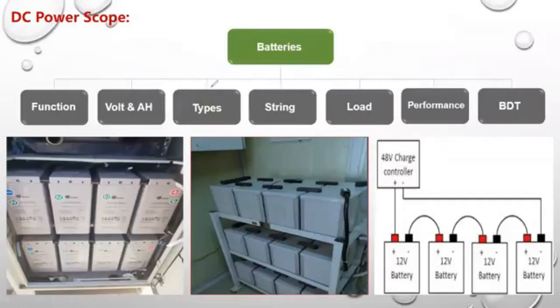Now, let's talk about the types. There are a lot of battery types. These in the pictures are just two types. What makes one type different from another is its ampere hour. For example, the batteries here are 155 ampere hour, but these batteries are 450 or 400 ampere hour.